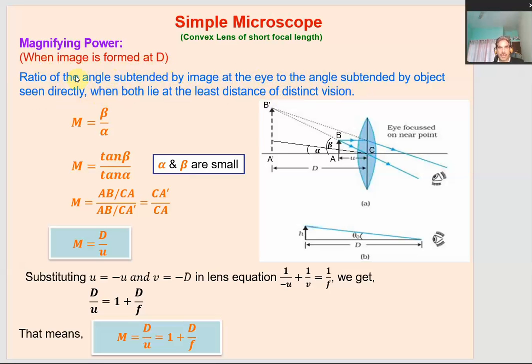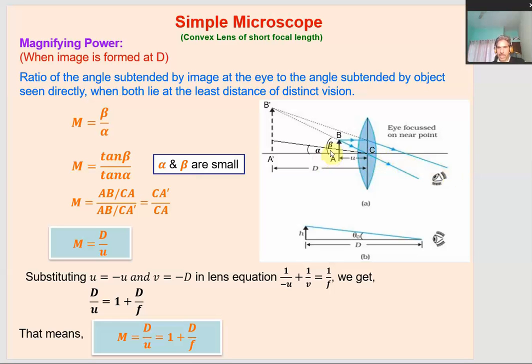Let us revise this once again. It is defined as the ratio of the angle made by the image at the eye to the angle made by the object at the eye when both lie at the least distance of distinct vision. Both image as well as object are taken at the least distance of distinct vision. When both of them lie there, what angles they subtend at the eye, or we can say the lens of the simple microscope, because the eye lies close to the lens.